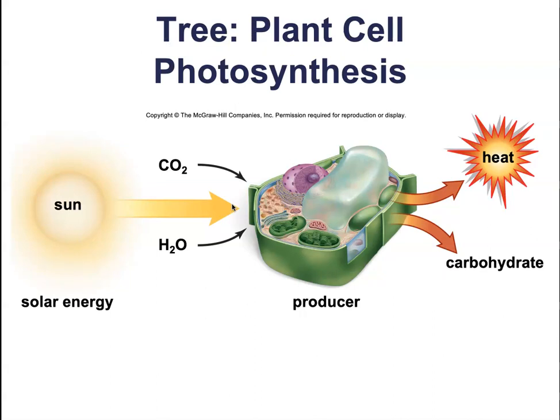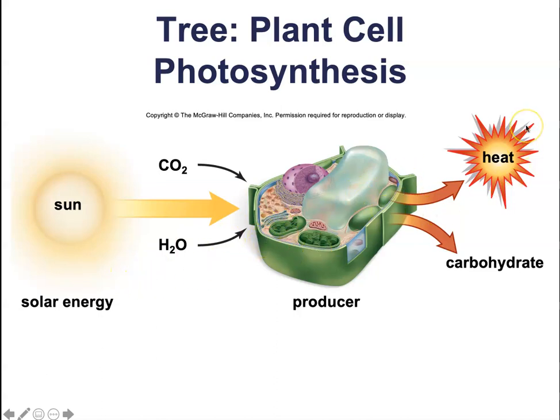All right. So this is continuing on with that same picture. This is showing what's happening in the tree, which is photosynthesis. And I mentioned that. If you look at that plant cell, because that's where photosynthesis is happening, inside the cell, in the chloroplast, you can see sunlight coming in, this plant cell converting that sunlight into usable energy, making carbohydrates. It also needs to take in carbon dioxide and water to do that.